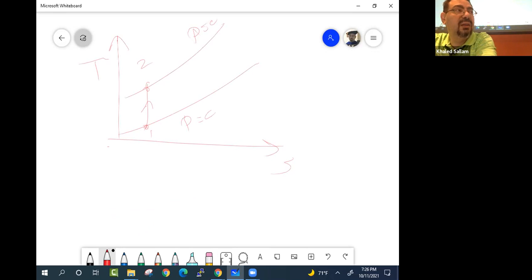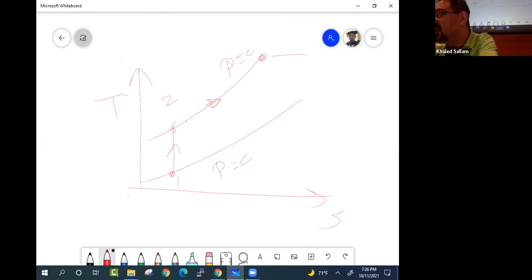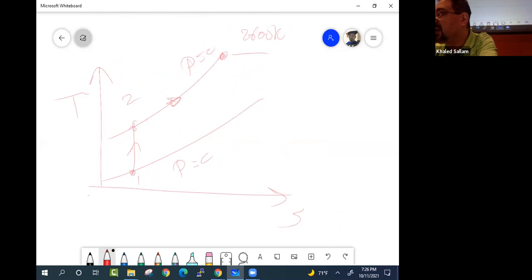And then you add fuel, and then you hit the max, which he said is 2,600 Kelvin, no, Rankine. And the Rankine is like 0.5555555555556 Kelvin. Okay.